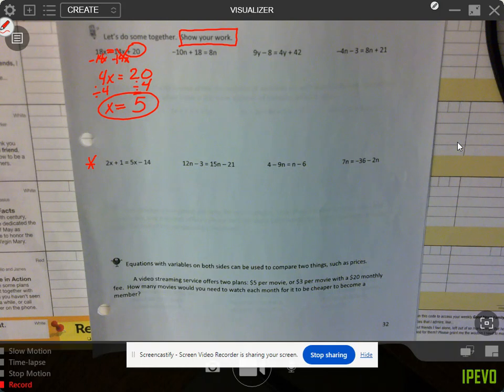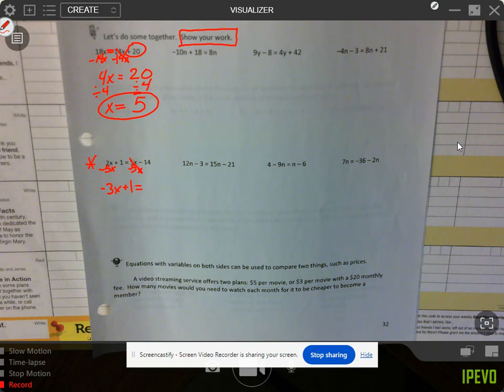Because there's a positive 5x right here, so if I'm going to move it, I need to do the opposite. So what is 2x minus 5x? Negative 3x. Negative 3x. I'm going to bring down that plus 1, and that equals 5x minus 5x cancels out.